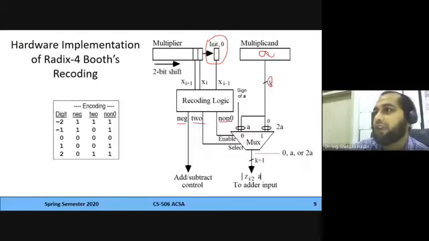So this is a flip flop which is initially initialized to 0. You're going to look at 3 bits, but after one operation, the last bit, which is x plus 1, becomes x minus 1 for the next step, right? And this is how you can do it.